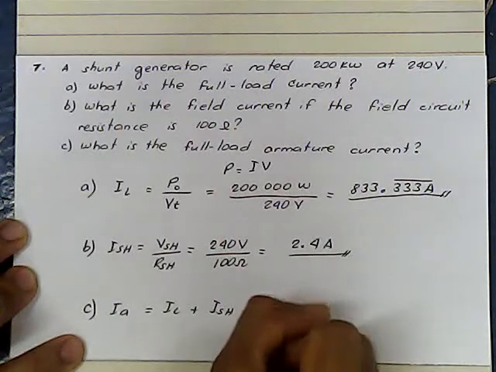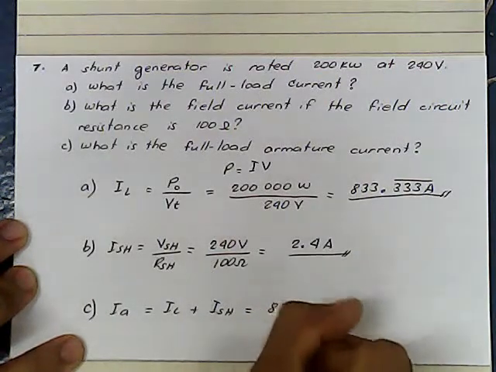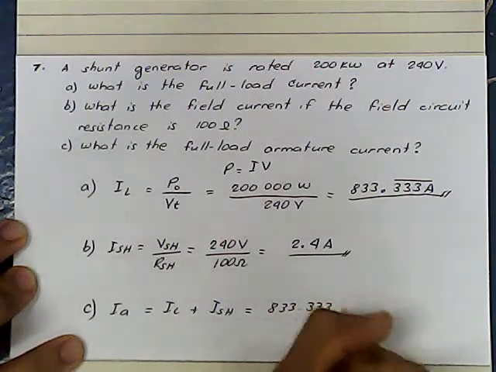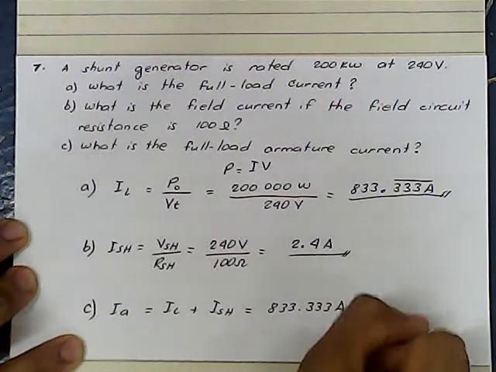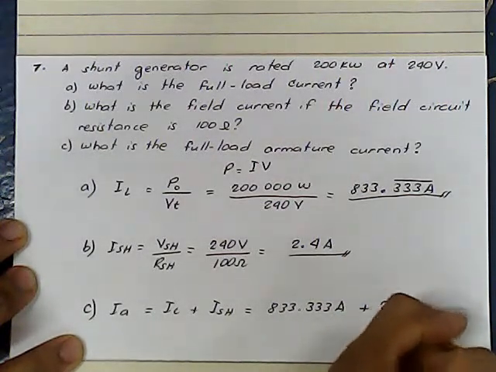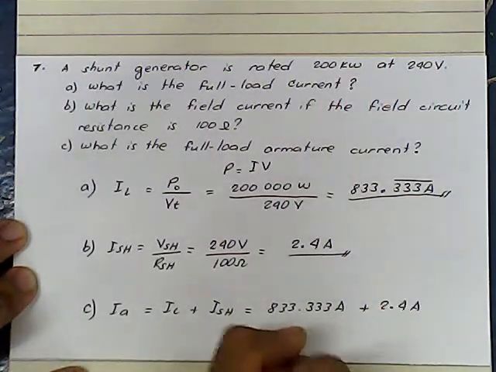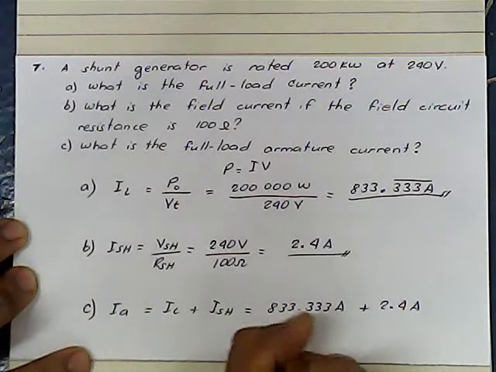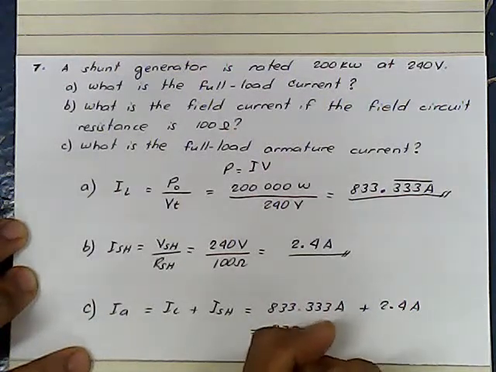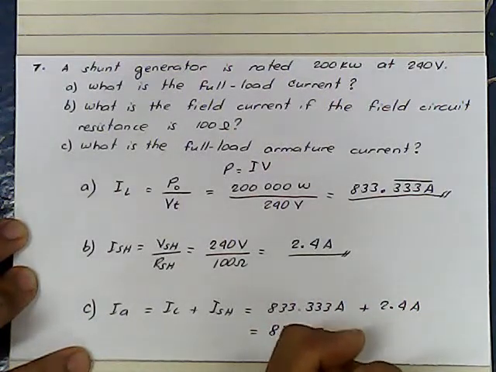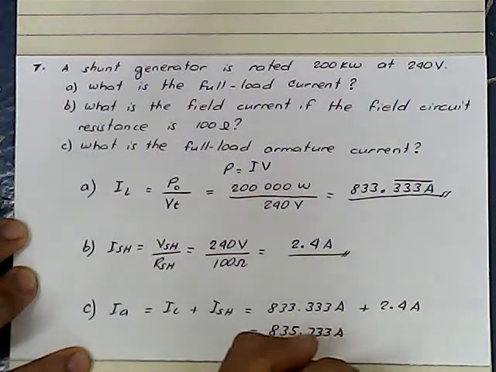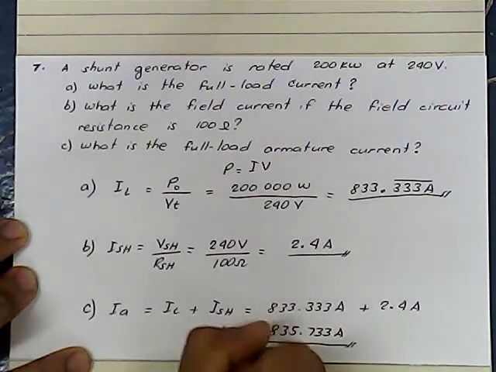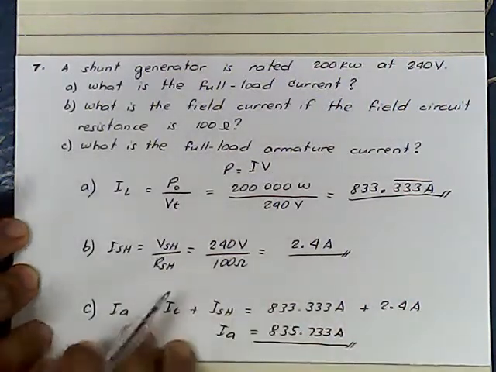So, that is 833.333 amperes plus 2.4 amperes. So, we get here 835.733 amperes. That is for the armature current.